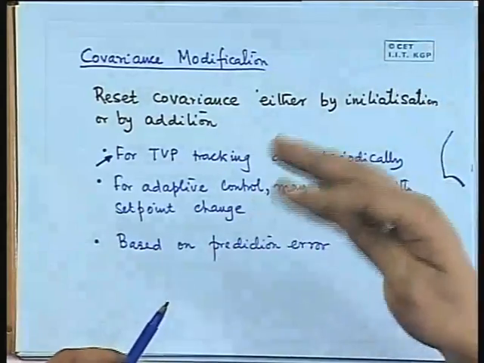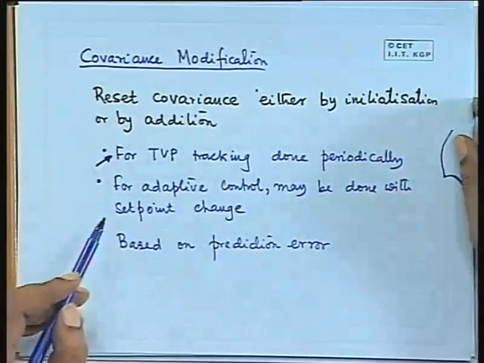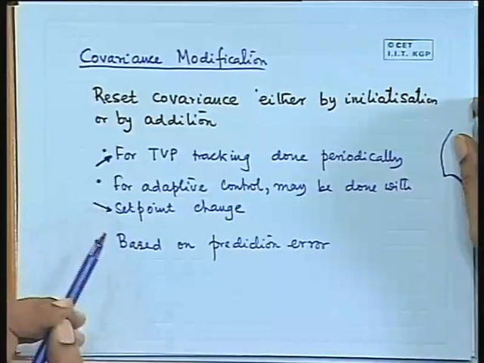Every instant we give a boost, or sometimes when we expect a set point change, that is, if the prediction error goes beyond a certain value, and maybe if it stays for 2-3 instants. If it goes up just for one value, it might be an outlier. But if it stays, that means your model is consistently bad. For 5 samples you are getting large prediction error, which means that the parameters need to be changed.